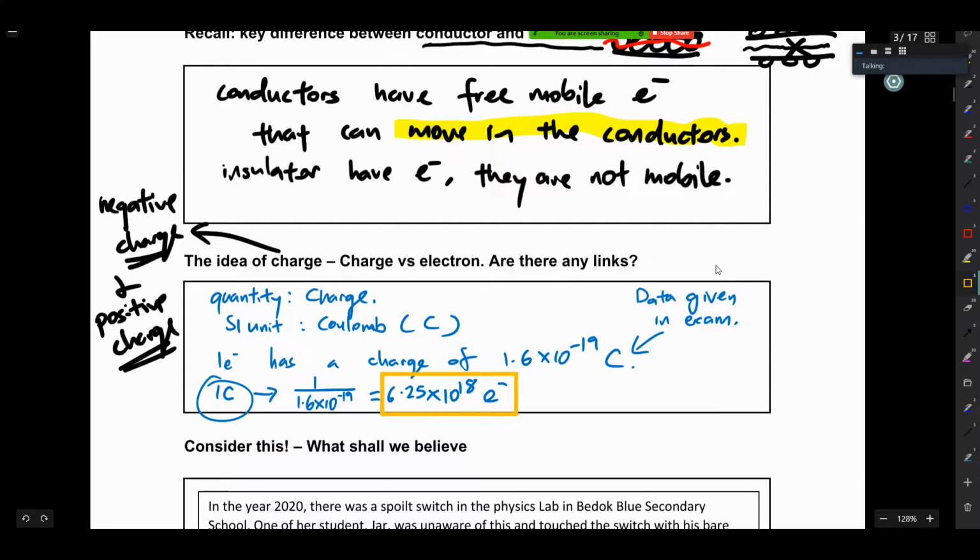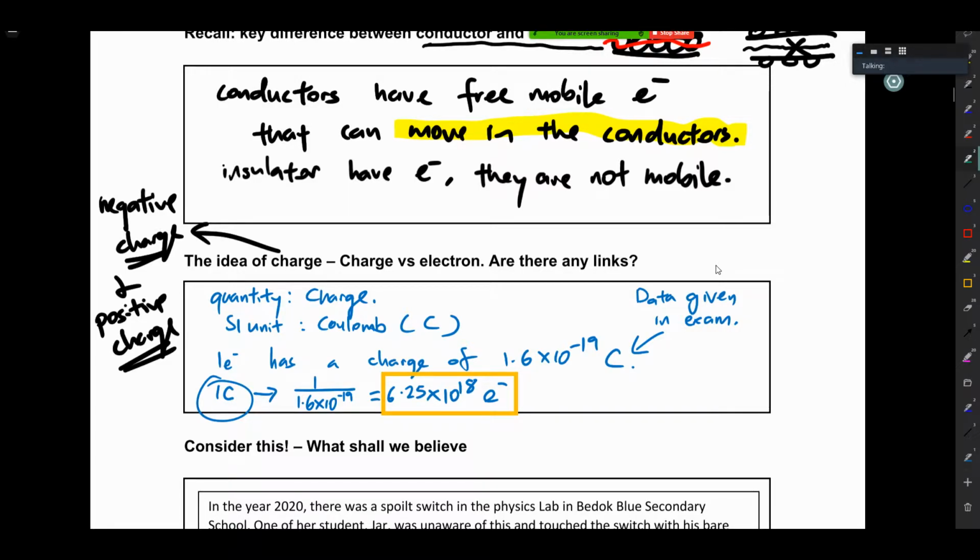So every time we say this thing is 1 coulomb, we are saying that this part of the wire is actually 6.25 times 10 to the power 18 electrons. Remember in statics we say the negative charges move and the positive charges don't move, right?